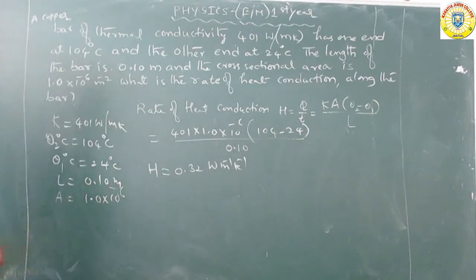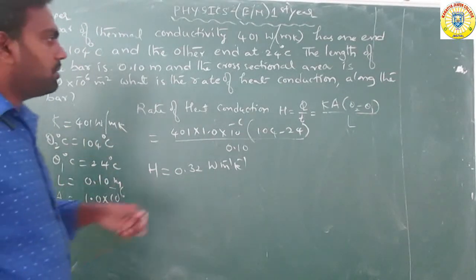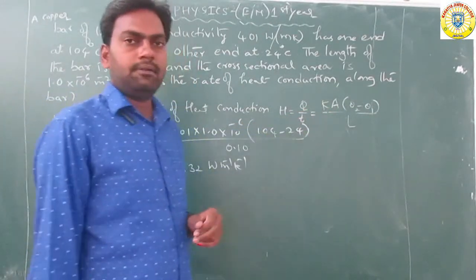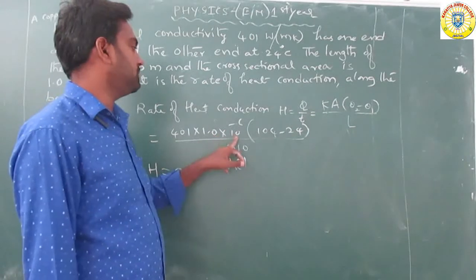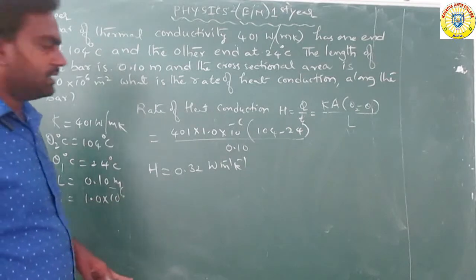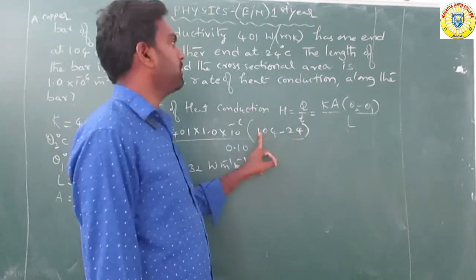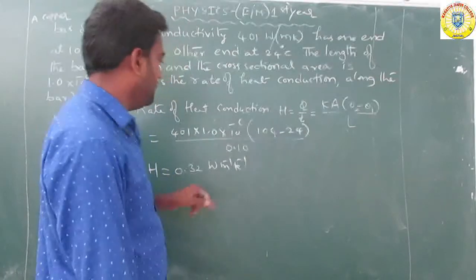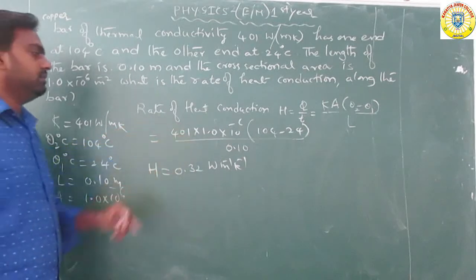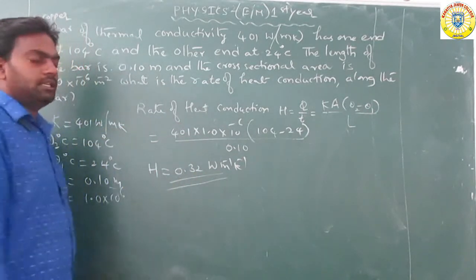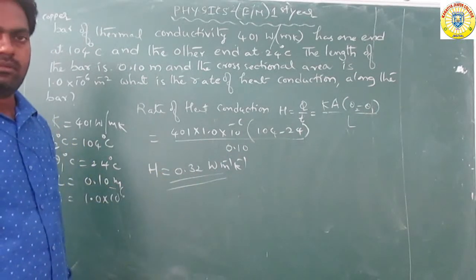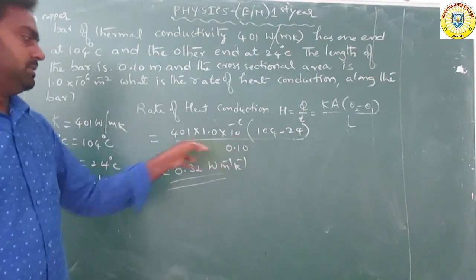Now substitute all values in the equation. K is 401, A is 1.0 x 10^-6, theta 2 minus theta 1 is 104 minus 24 degrees C, and the length is 0.10. On simplification we get the final answer, 0.32.